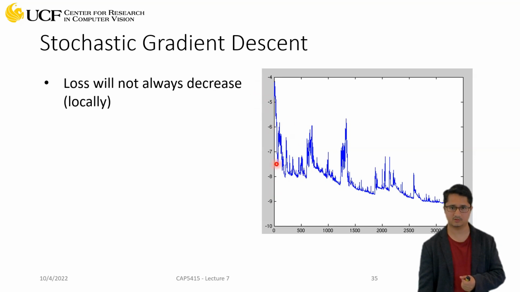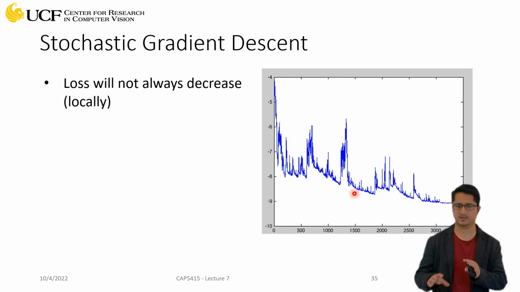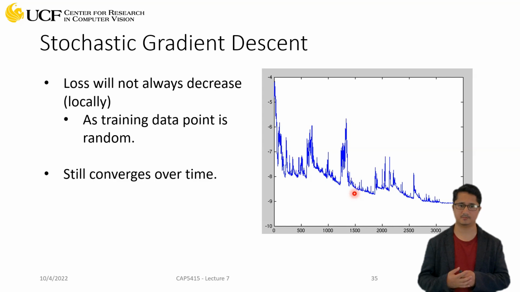You can see it's going down, then going up again. There is some stochasticity there, but eventually you can look at the overall trend. It's reducing, and then it's stable here. This is a very natural looking loss curve, which you will have to analyze when you train your neural networks. Still, it will converge over time.